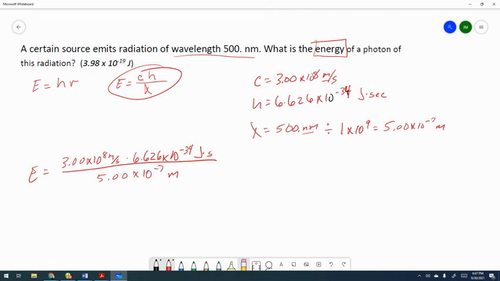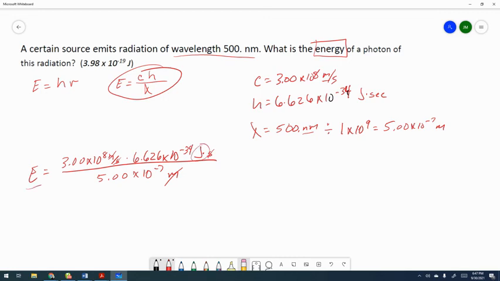When we look at all of these units, meters on top, meters on bottom, those cancel out. We're multiplying per second by seconds on top, so those cancel out. That means our unit is left with joules, which is what it should be here.